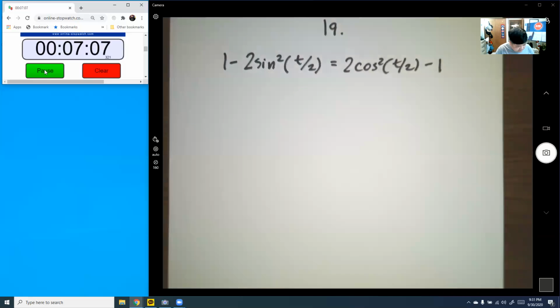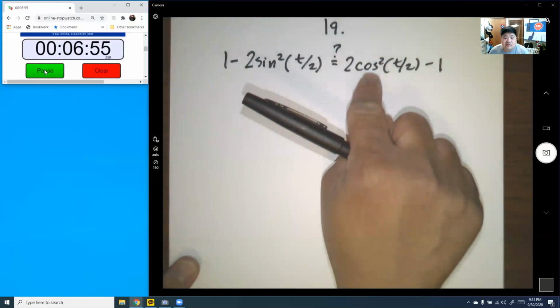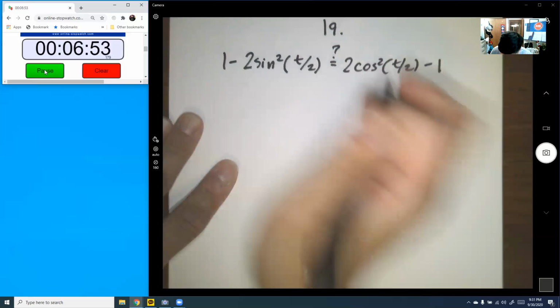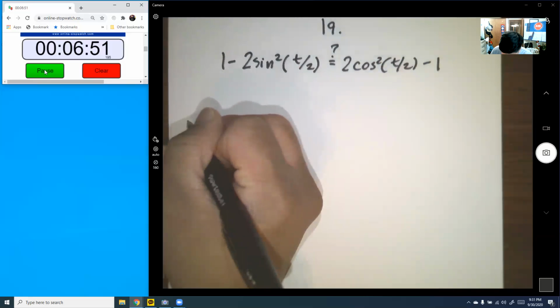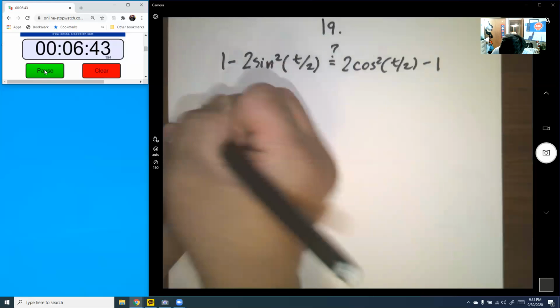All right, let's look at number 19 here. 1 minus 2 sine squared of t over 2, is that equal to 2 cosine squared of t over 2? There's a couple of ways that you can do this one here.